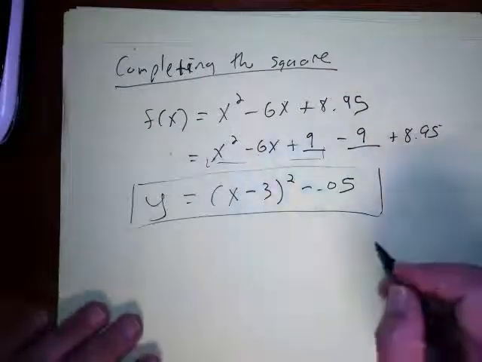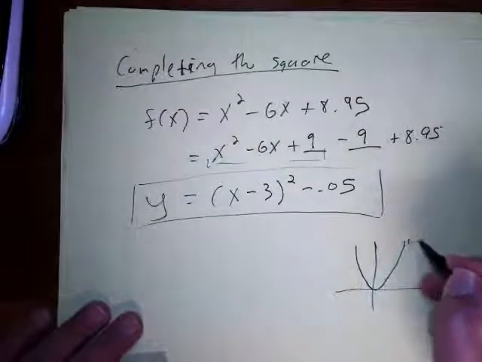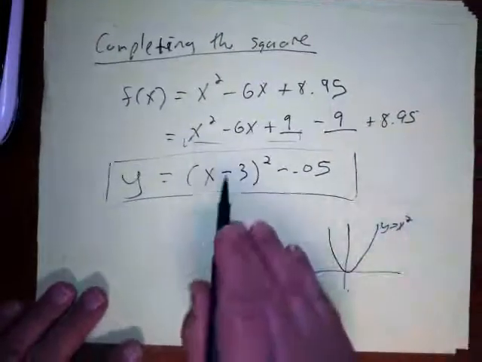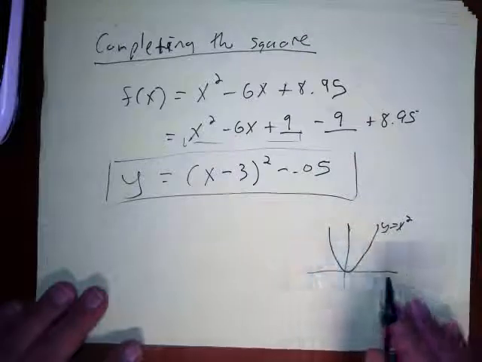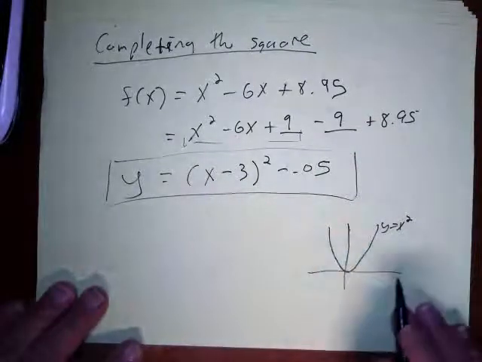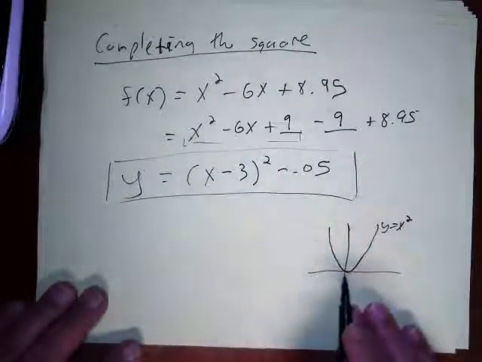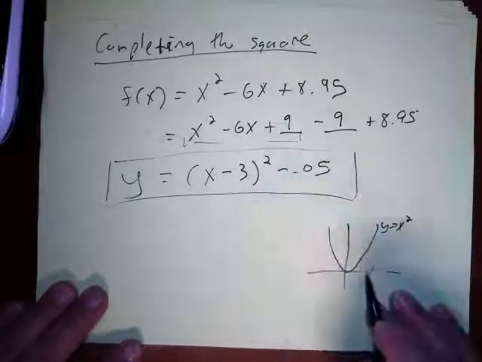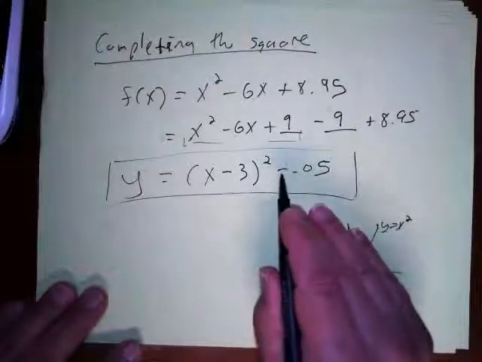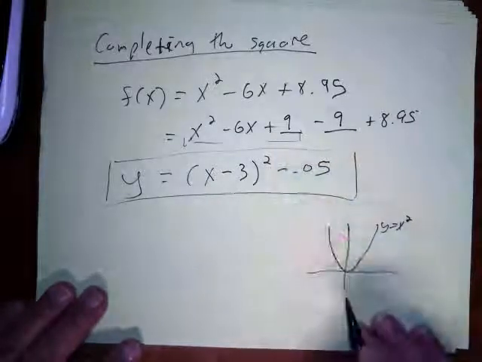Okay, so if you remember, if this is y equals x squared, and we're going to look at this in the next section, inside, this tells you how you shift horizontally, and it's always, if this is -3, then I shift to the positive side. If this were x plus 3, I shift to the negative side. And then this tells me how I shift vertically, and in this case, if it's a plus, I move up. If it's a minus, I move down.